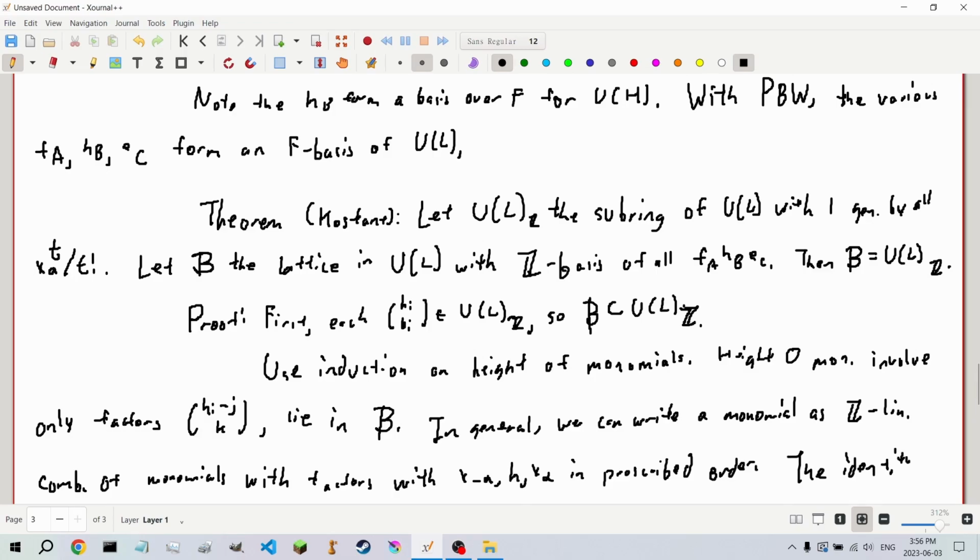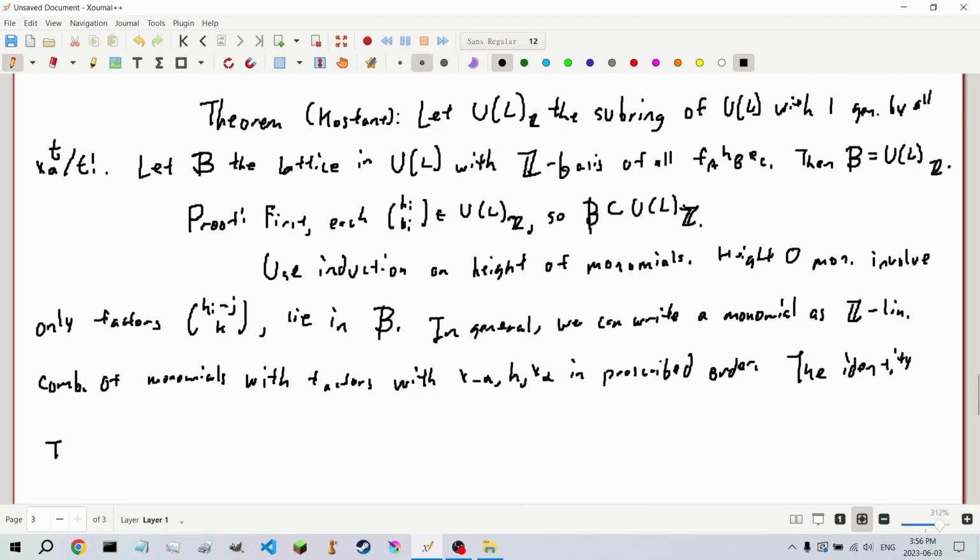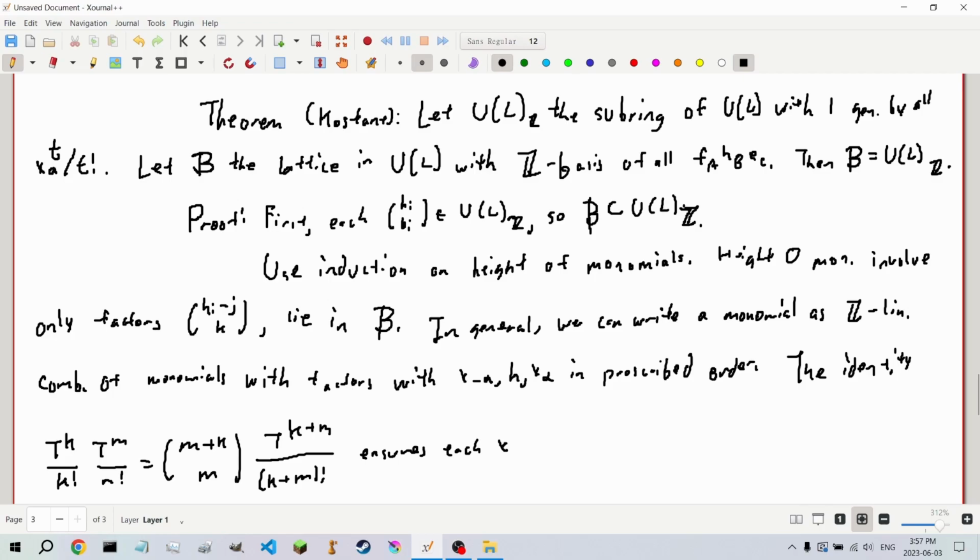The identity that t to the k over k factorial times t to the m over m factorial is equal to m plus k choose m, t to the k plus m over k plus m factorial ensures each x plus or minus alpha will appear in at most one term of each resulting monomial.